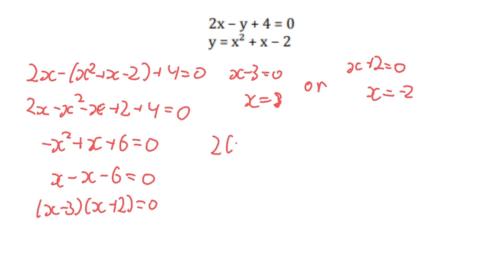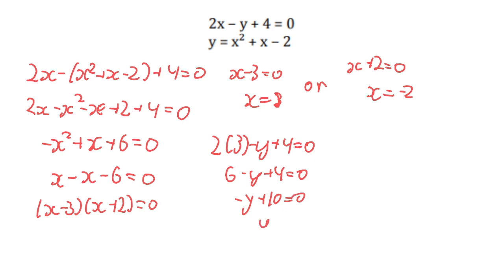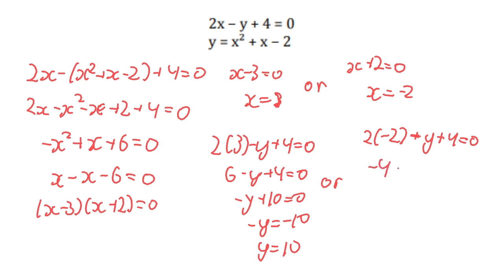So we can do 2 times 3 minus y plus 4 equals 0, which is 6 minus y plus 4 equals 0, or minus y plus 10 equals 0, y equals 10, or 2 times minus 2 plus minus y plus 4 equals 0, which is minus 4 minus y plus 4 equals 0, or minus y equals 0, and then y just equals 0.